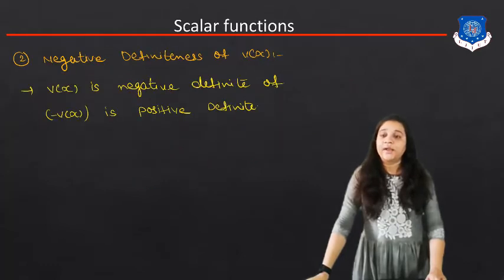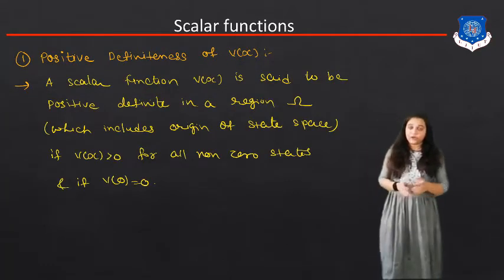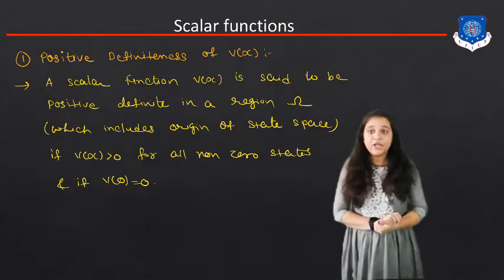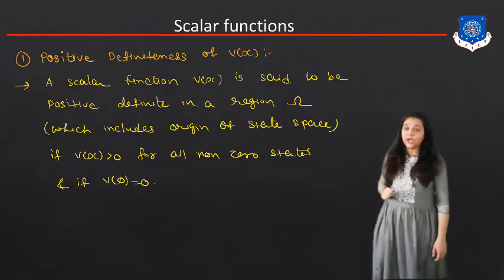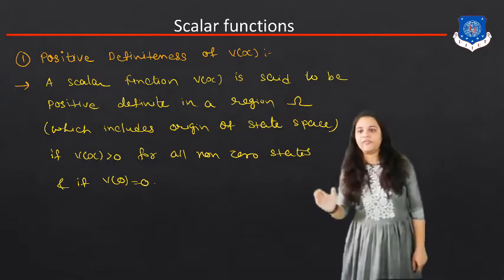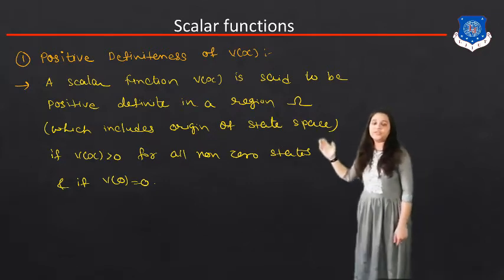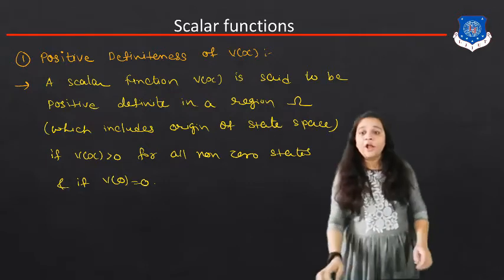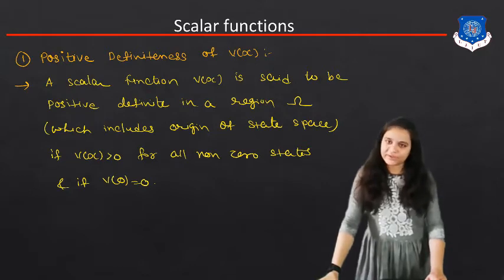Clear? Now, what is positive definite? What is negative definite of V(x)? These are known as the scalar functions of stability. The first scalar function is positive definiteness of V(x). The scalar function V(x) is said to be positive definite in the region which includes the origin of the state space if the value of V(x) is greater than 0 for all non-zero states and V(x) is equal to 0 at the origin.